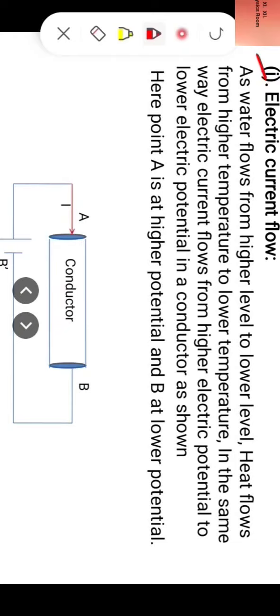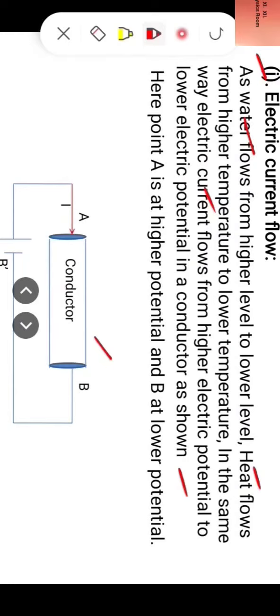I repeat, as water flows from higher level to lower level, heat flows from higher temperature to lower temperature. In the same way, electric current flows from higher electric potential to lower electric potential in a conductor, as shown in the diagram.